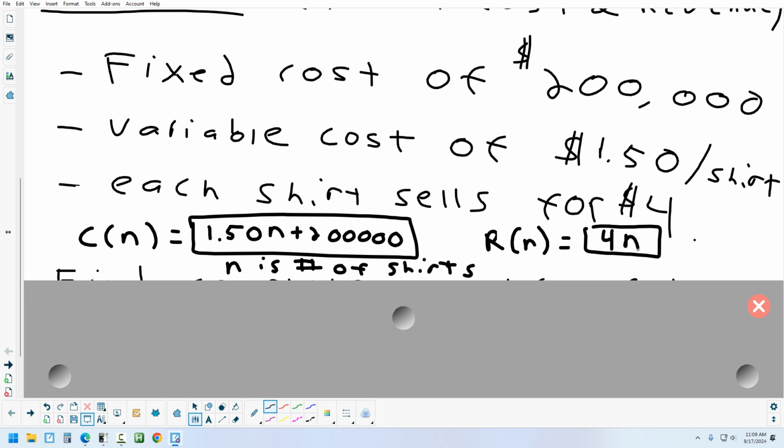Yeah, we're going to use N. Okay. So that's the amount of money the company spends. That's the amount of money the company receives. And then you could see if they had profit by looking at the difference.